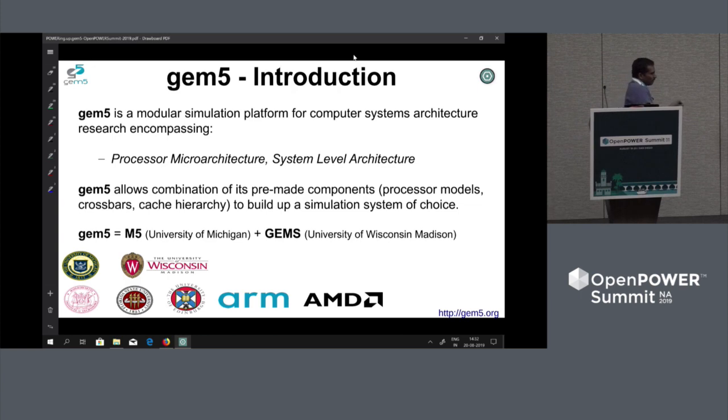As for the origins of the name gem5, there were two simulators in the past. M5 was a detailed processor and I/O model simulator from the University of Michigan. GEMS was a fairly detailed memory hierarchy simulator. The combination of both of these simulators is gem5.